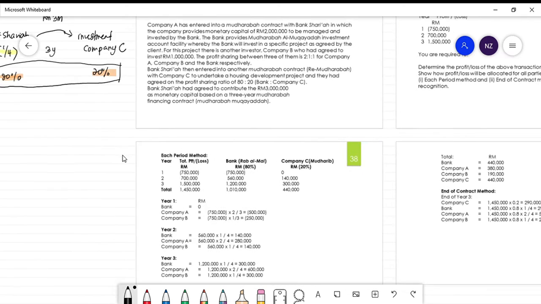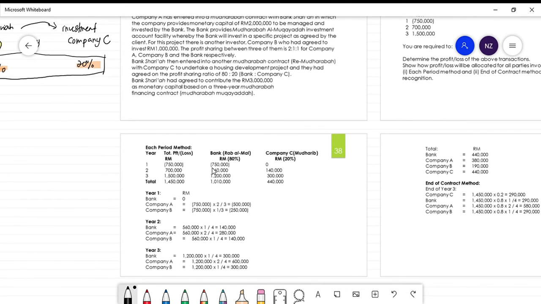So that's why 750k hanya diletak bawah Rock Bumal punya kolom. See, 750k dekat capital C ni tak ada, kosong, sebab the loss is fully borne by the bank. Now tu untuk tahun pertama.